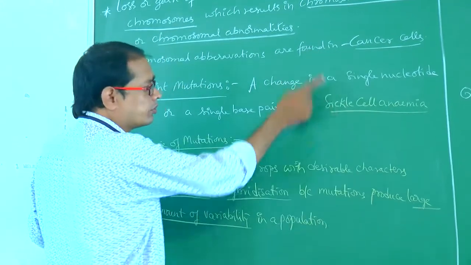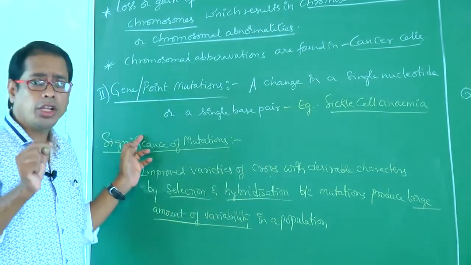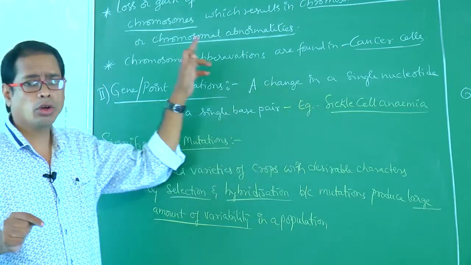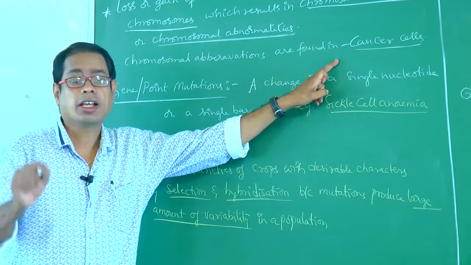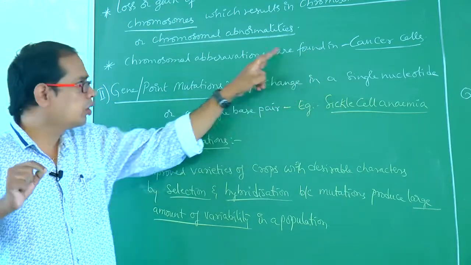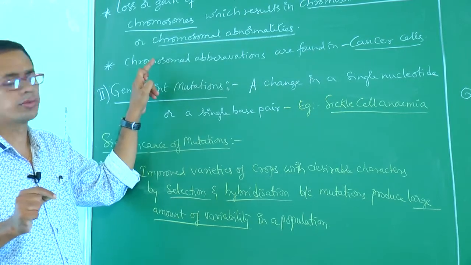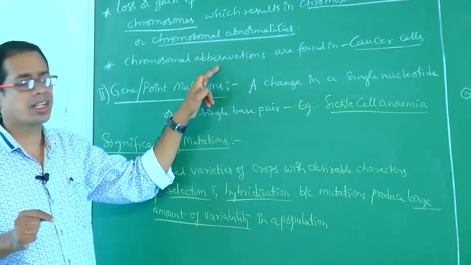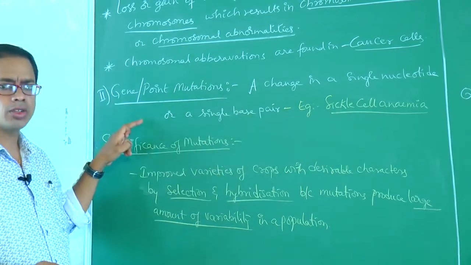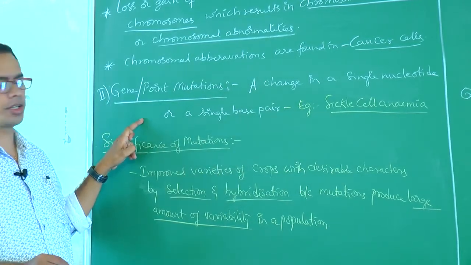Don't confuse these two. Gene or point mutations are found in sickle cell anemia. Chromosomal aberrations are found in cancer cells. Cancer cells are the example for chromosomal aberrations or chromosomal abnormalities. Sickle cell anemia is an example for gene mutations, also called point mutations.